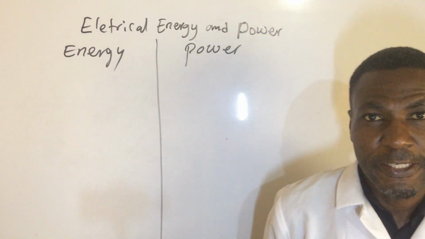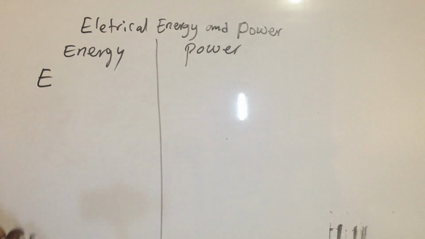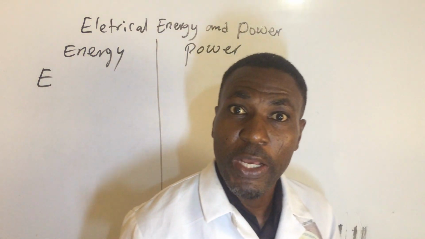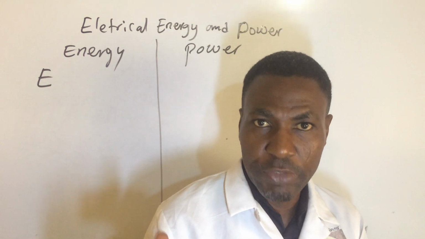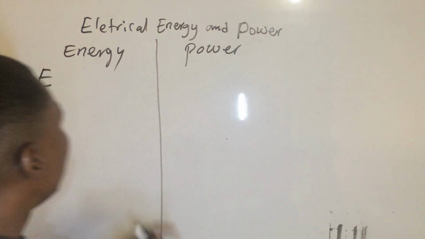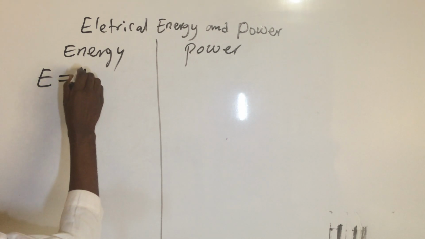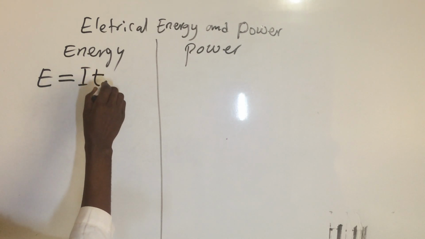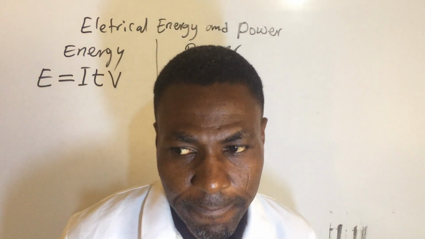And the formula says electrical energy, let me use E to represent our electrical energy, for the sake of this topic I am treating here. Electrical energy is equal to I T V. That is the formula, okay?